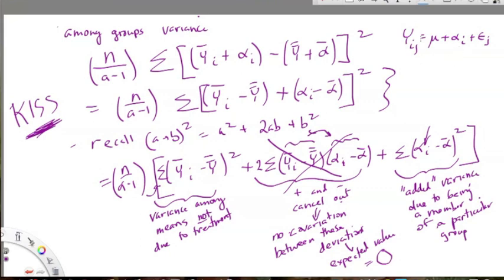Okay, so you can kind of, again, going back to basic components, think of any particular observation as being a sum of some group effect and some error variation. And it could be any combination.